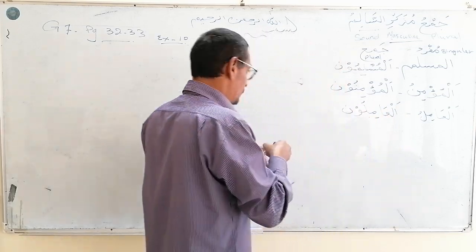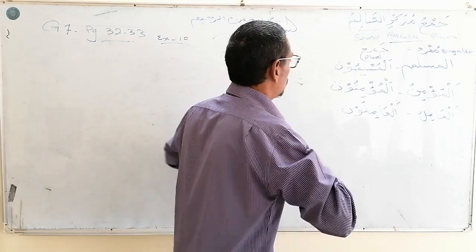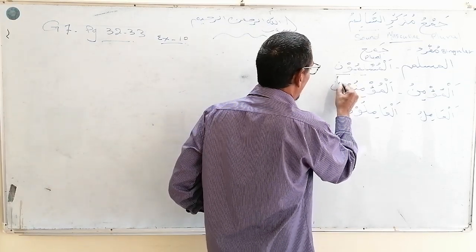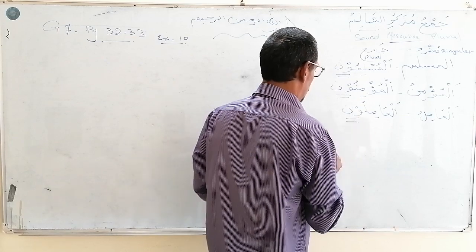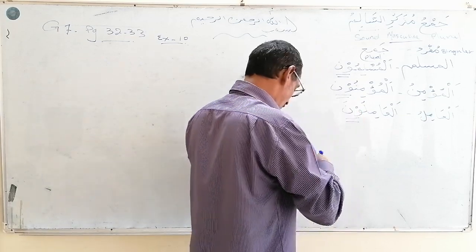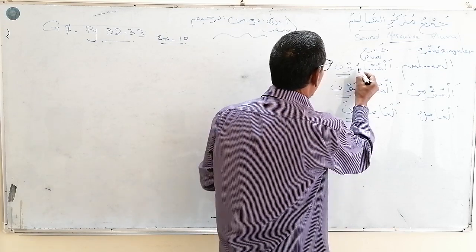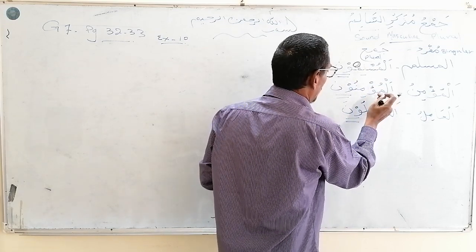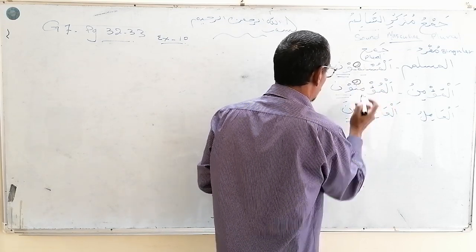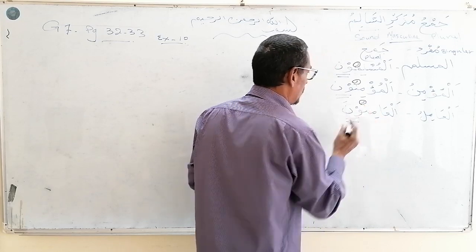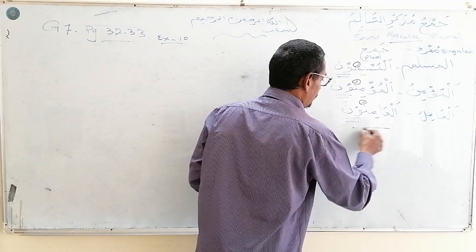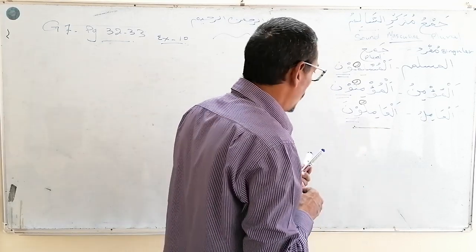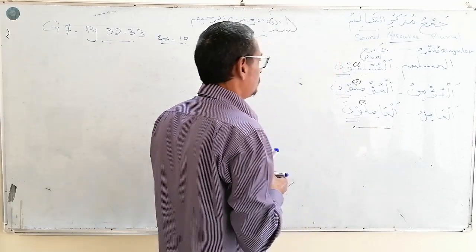Take note that all these plurals are ending with waw and noon. And before waw and noon we have dhamma. Al-mu'minuna, dhamma. Al-amiluna, dhamma. So these plurals are ending with waw and noon.